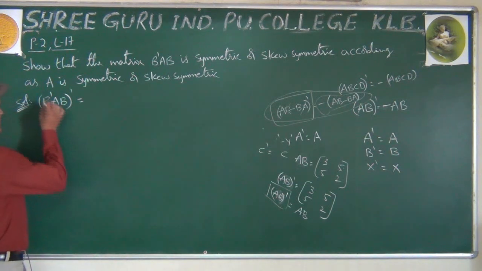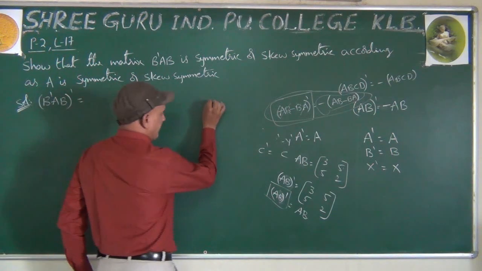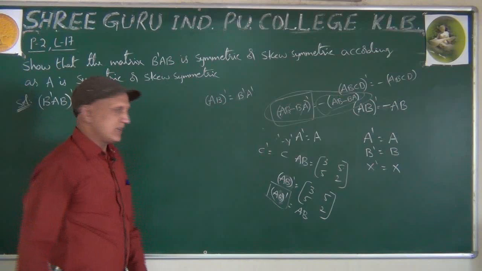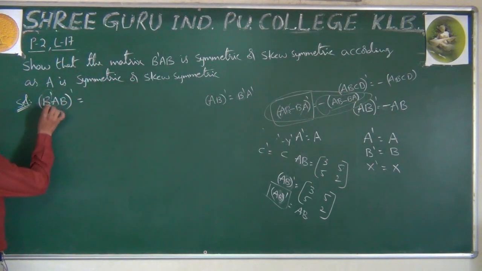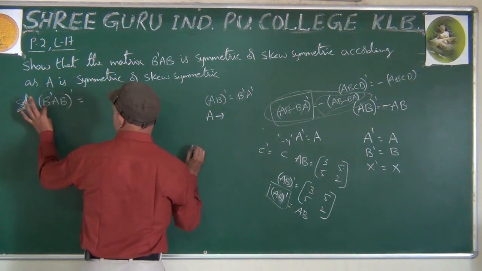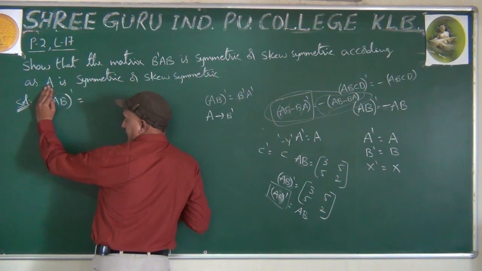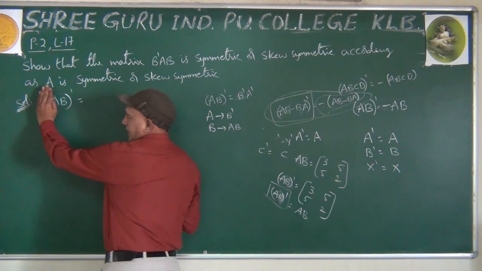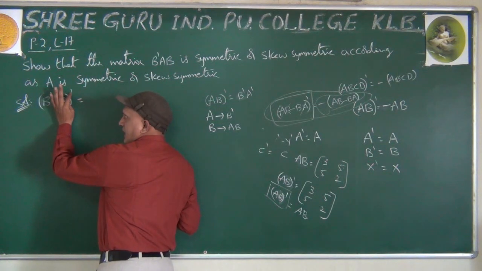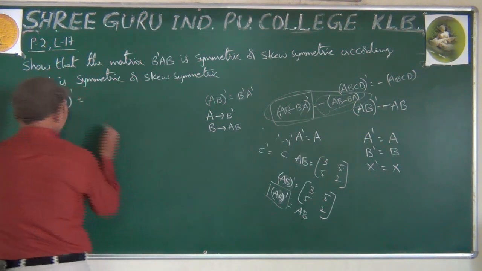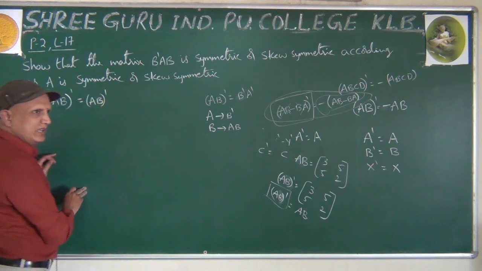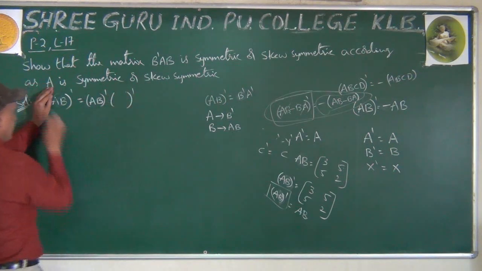This is again a property: AB whole dash equal to B dash A dash. Consider this as A and this as B. AB whole dash, formula, B dash A dash.